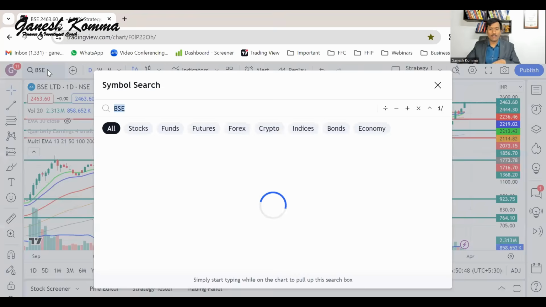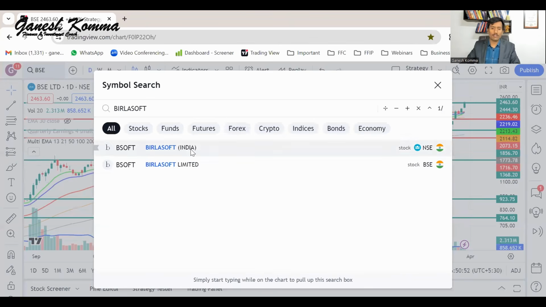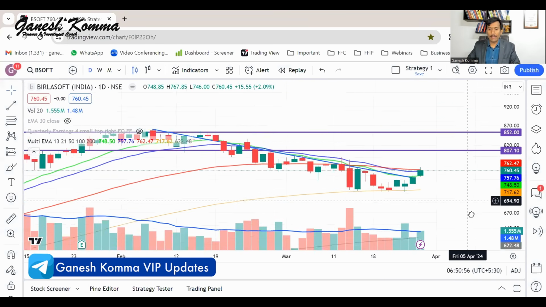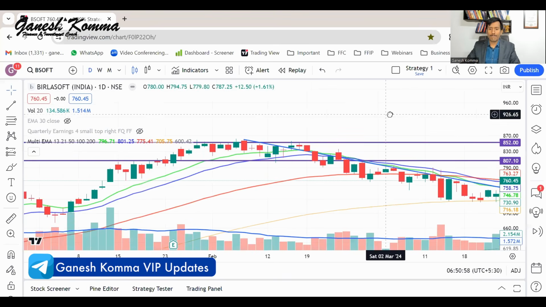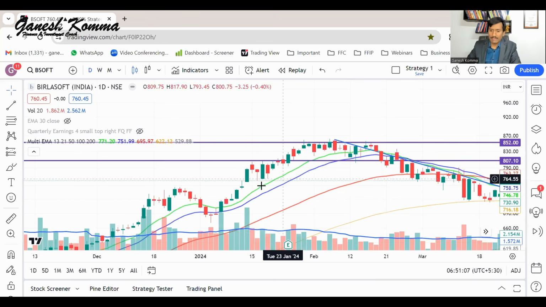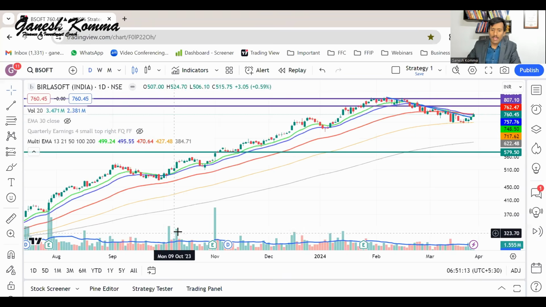Similarly, maybe let's look at Birlasoft India. Yes. So Birlasoft, during this entire journey, if you see, yes, Birlasoft has been very strong.